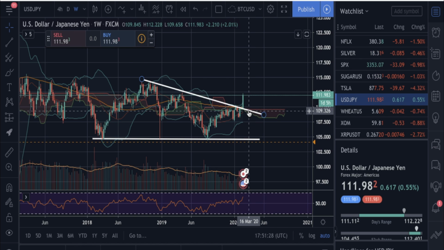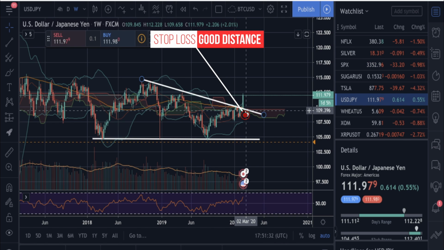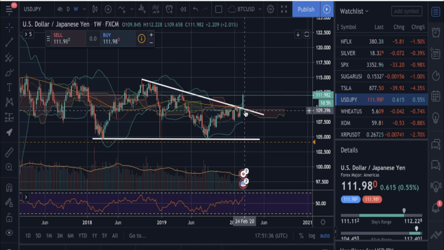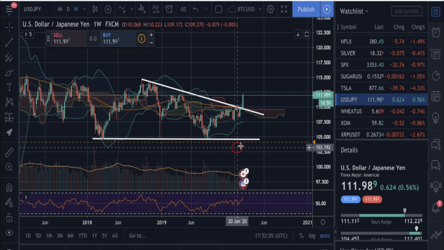A sensible point might be around here, just before the breakout occurred, so around the 109.4 level, or maybe just below the previous weekly close, 108.2 if you want to be conservative. But anything much more than that, and you're just losing money because your trade has already been disproven. For example, there's no point in putting your stop loss down here.